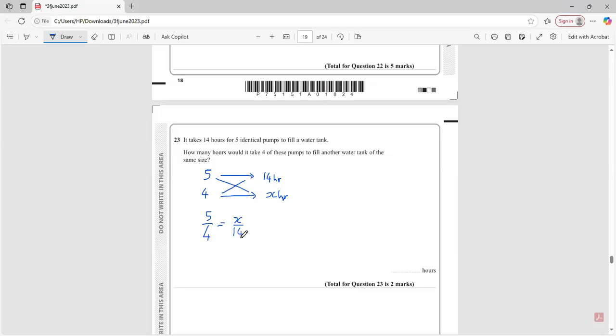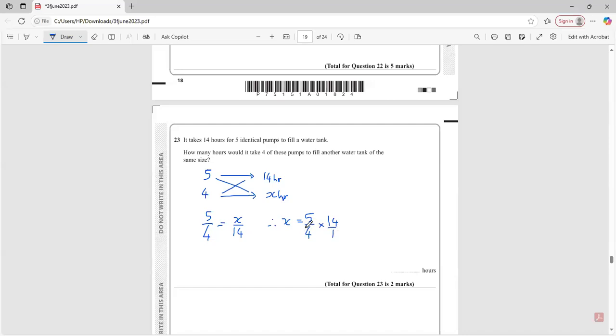This was one of those topics that I had to just find a way to get around. So to do your cross multiply, or just like we did for the other one, multiply both sides by 14 to find what x would be. So x would be equal to 5/4 times 14/1.